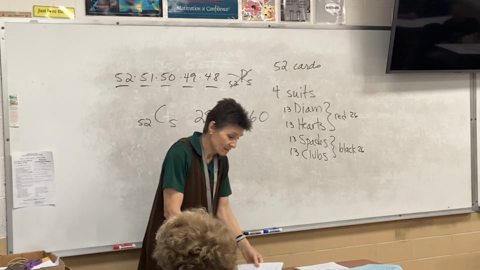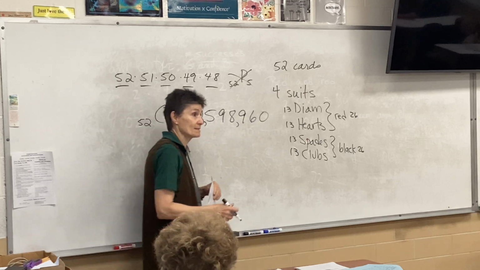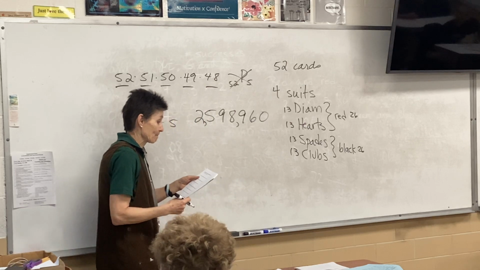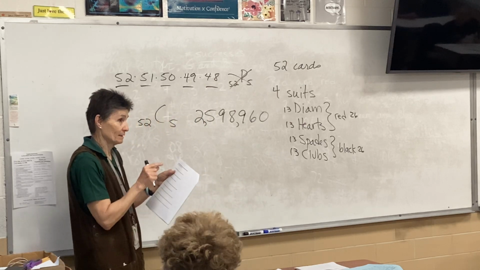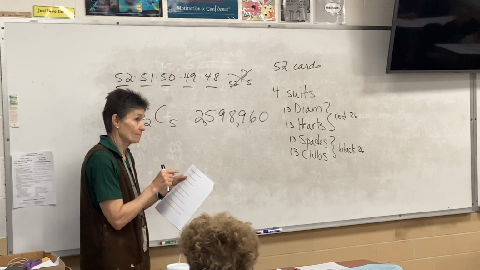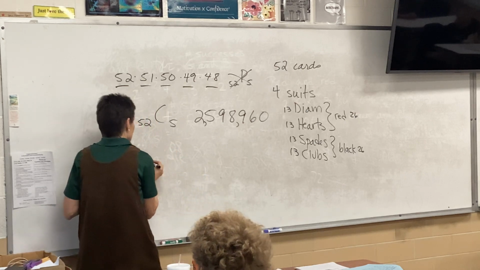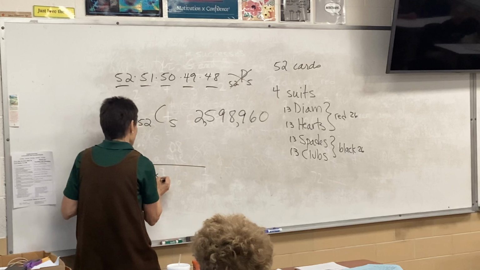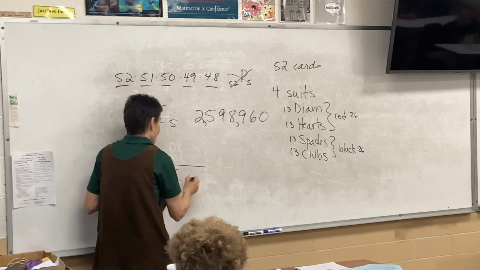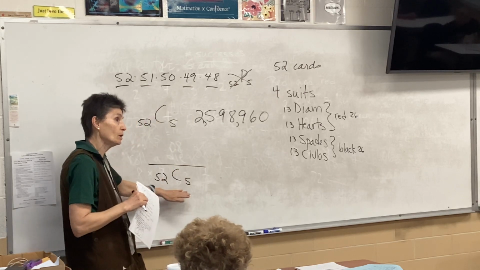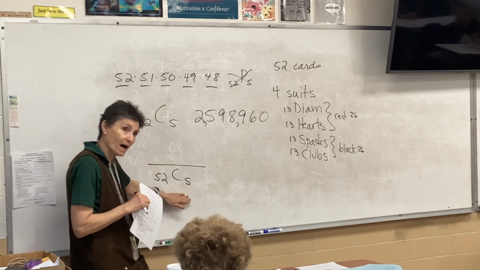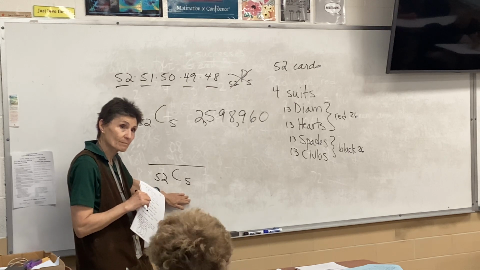What's the probability of being dealt a hand with all diamonds? Now, this is a probability question. It's a 5-card hand. The denominator is 52C5. That is the total number of 5-card hands.